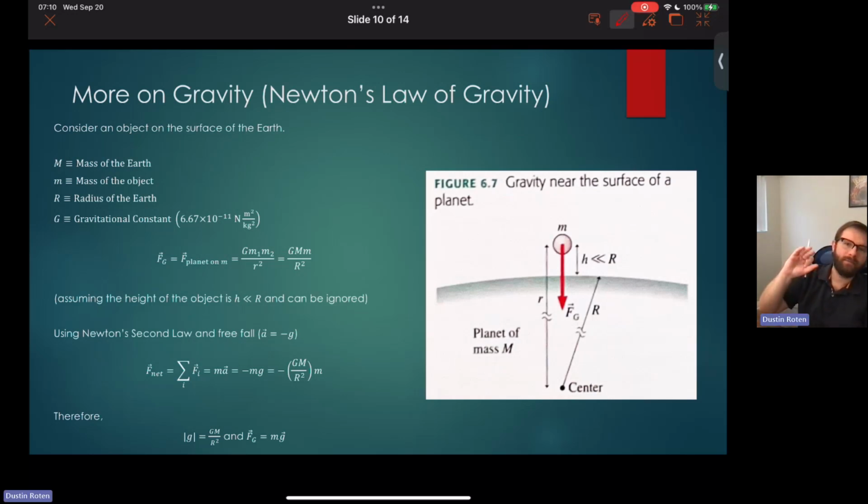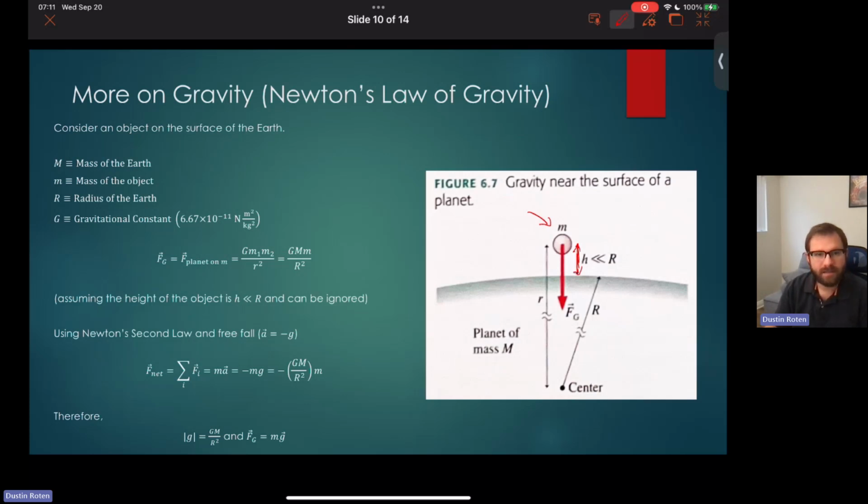So let's think about how we can apply Newton's law of gravity on Earth. Let's consider this object M. I guess it's just a ball, maybe in free fall, and it's a little bit above the center of the Earth. So it's some height h above the center of the Earth.